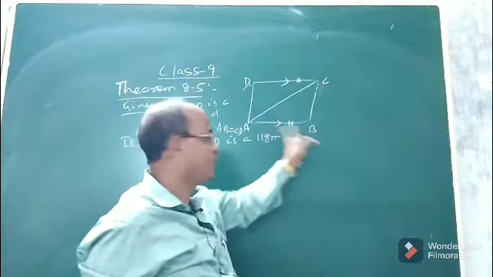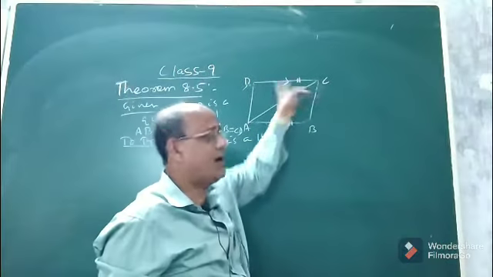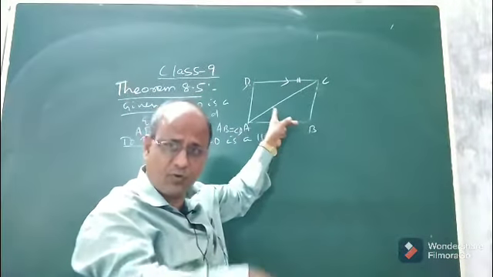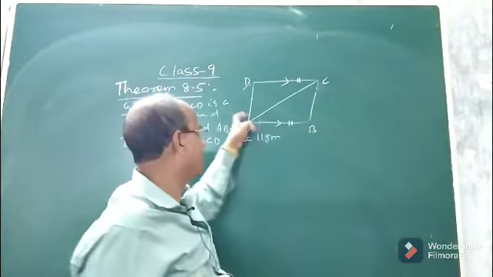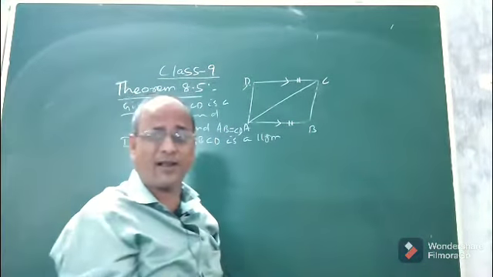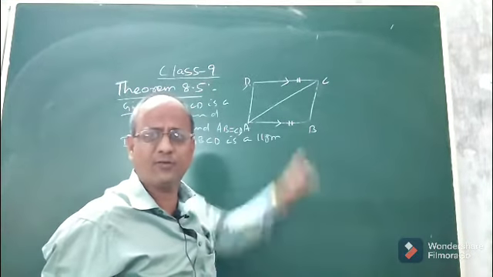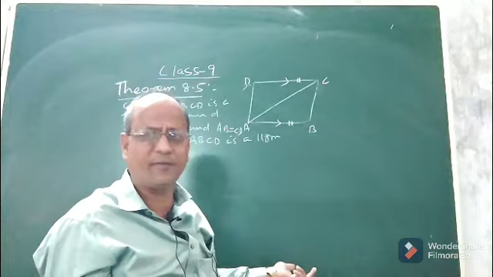See children, we are already given AB parallel to CD. If we can show by any means that AD is parallel to CB, that means the other pair of opposite sides parallel, then it will automatically become a parallelogram. Why? Because both pairs of opposite sides will be parallel.